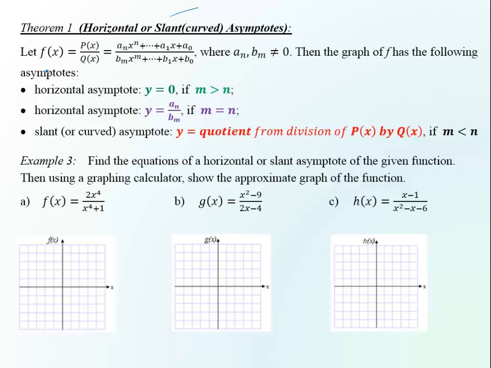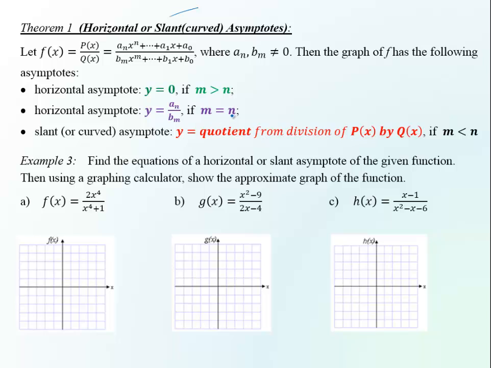Then the graph of a function f has a horizontal asymptote y equals 0 if the denominator is of higher degree than the numerator. That means we have something bigger here, something bigger as a matter of exponent. So m is larger than n, then we have a horizontal asymptote just the x-axis.